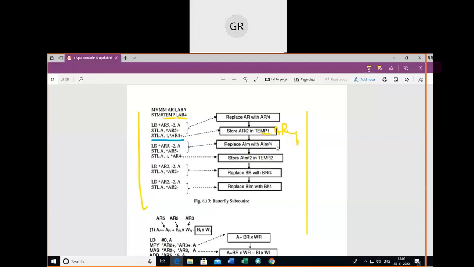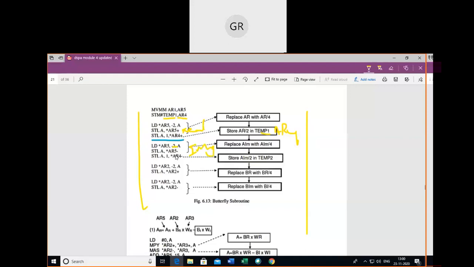The imaginary value of the input is divided by 4. -2 means shift operation. Whatever the contents of AR5, it is shifted 2 times and stored in the accumulator. Again, that accumulator value is stored in star AR5 minus. So star AR5 minus means imaginary, star AR5 plus means real. Just remember this: plus stands for the real value, minus stands for the imaginary.